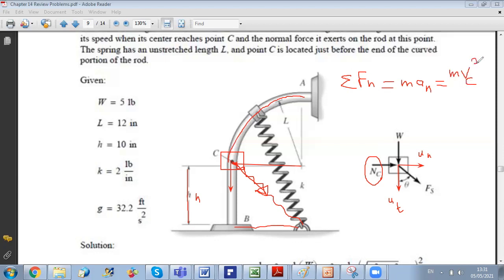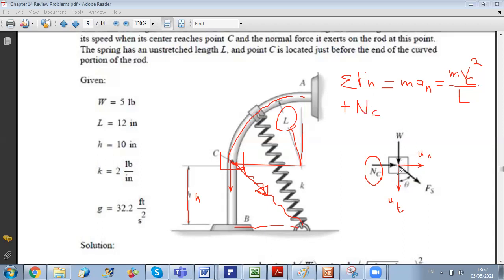Now concerning the radius of curvature, it is the radius of the circle. Since you are moving on a circle, the radius is L. So I will write m VC squared over L. Now, let us project on UN. What do we have? We have the normal NC. The weight is perpendicular to UN, so no projection.